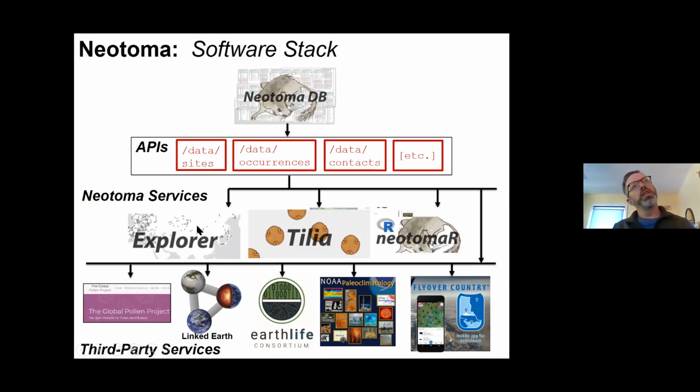And then the software services, Explorer, Tilia, and the Neotoma R package, all sit on top of, or I guess in this model, underneath the APIs, and use the APIs to create these different user interfaces. And then other people have built their own services based upon these APIs. So this API structure really allows lots of different people to build their own tools and resources using Neotoma data in lots of different ways.